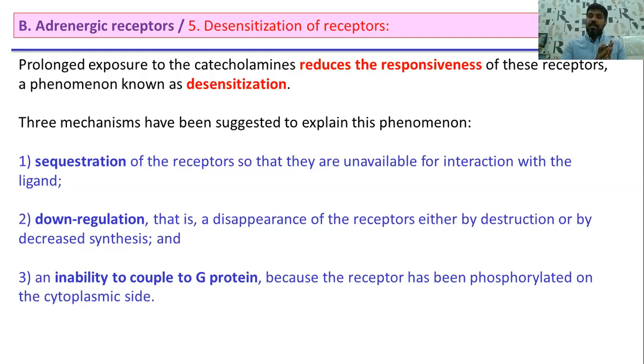And this is another mechanism that can explain the desensitization. And the last mechanism is the inability to couple to G protein. And this again can explain the mechanism of desensitization.